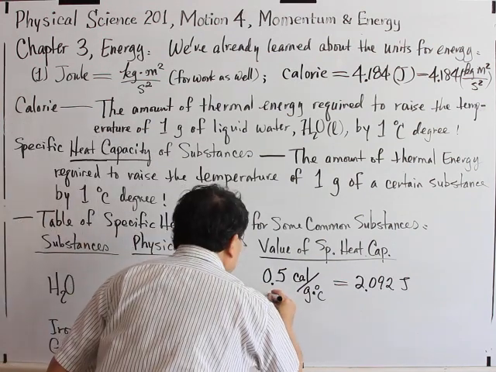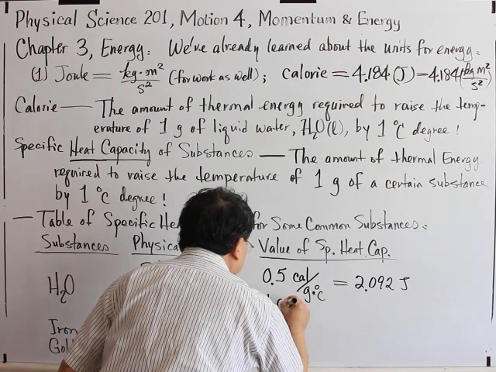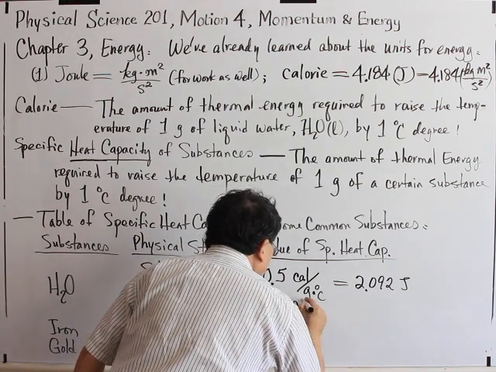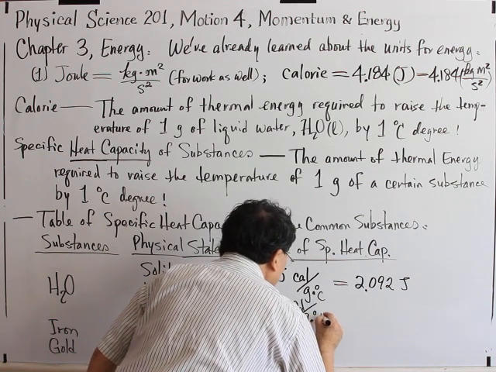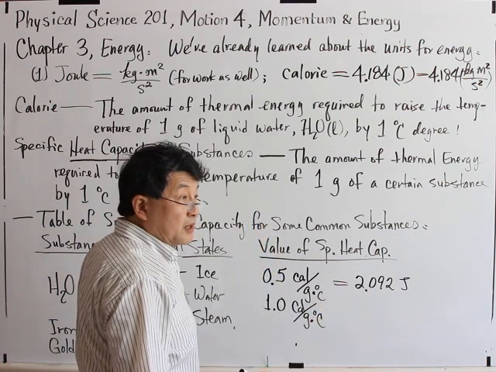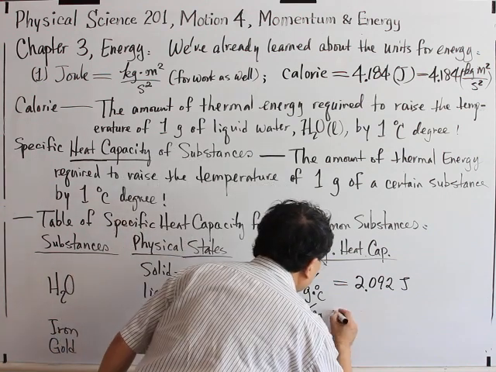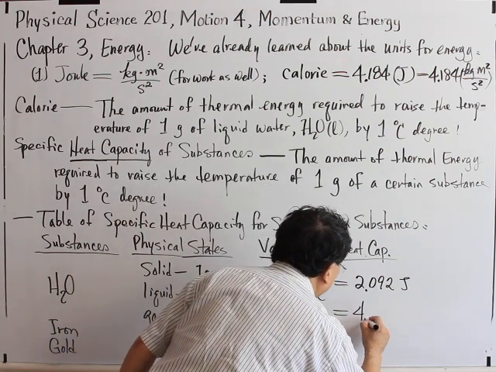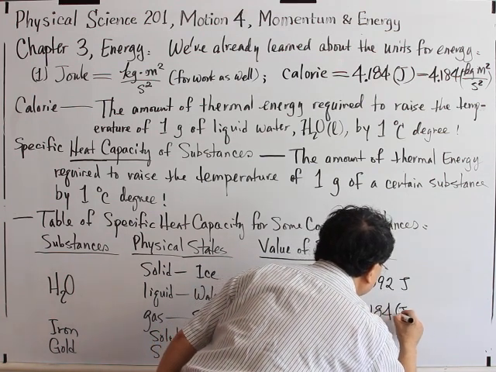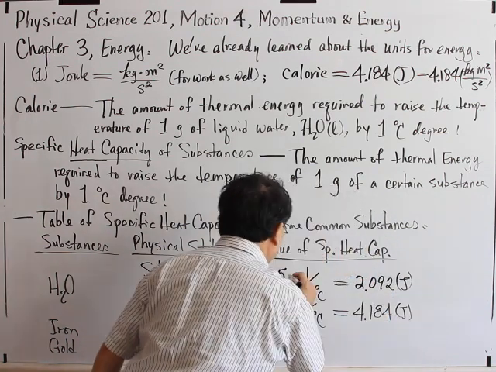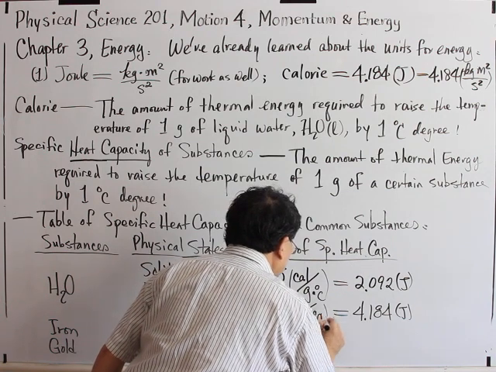So it's only 1. You can put a 1.0 if you want to. It doesn't make too much difference unless you insist the measurements involve significant figures. We already talked about that in detail in chapter 1. So that is going to be 4.184 joule. Now let's put the unit in the parentheses.